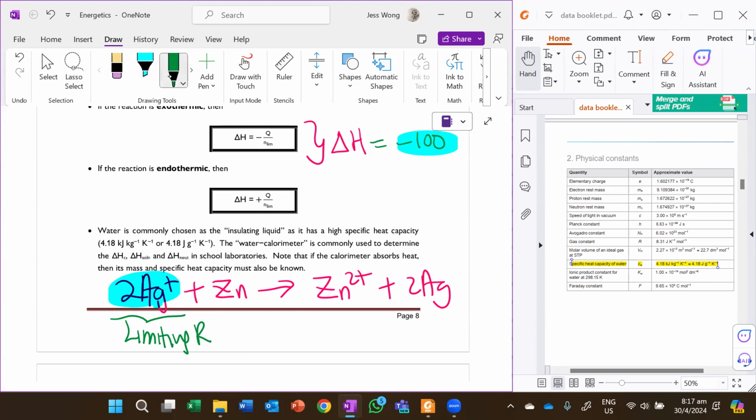But it so happens that the equation is not written in terms of per mole of limiting reagent. It's written using 2 moles of your silver. Therefore, the enthalpy change of this reaction will have to be multiplied by 2. So it will be 200. Okay, so when will it be 100? It will be 100 if the equation was written in this manner.